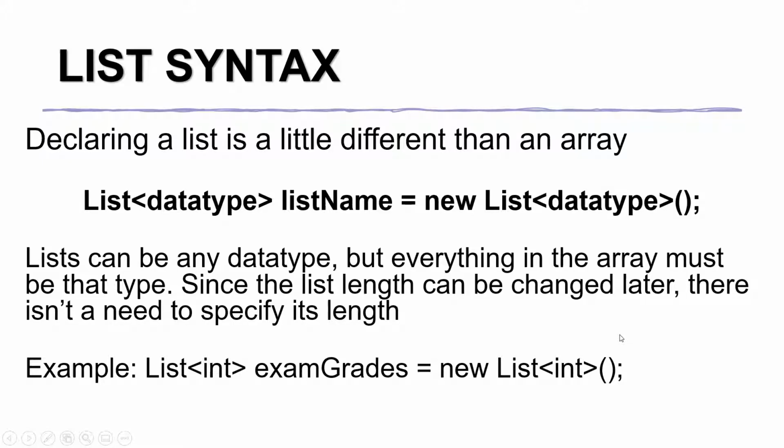So again, just to reiterate, that list can be of any data type, but everything in it must be of that type. And since the list length can be changed later, we don't really need to specify its length. So usually if you aren't adding things at start or anything like that, you would just write out, for example, that exam grades int. If we're making it a list, we would just write this instead.